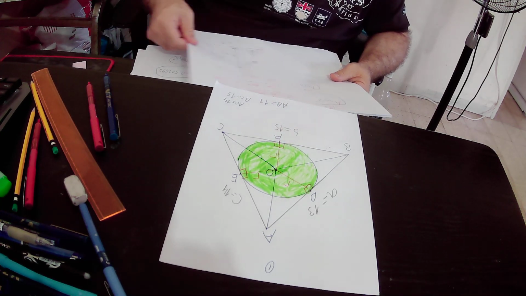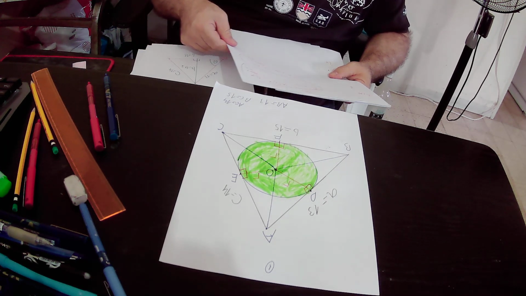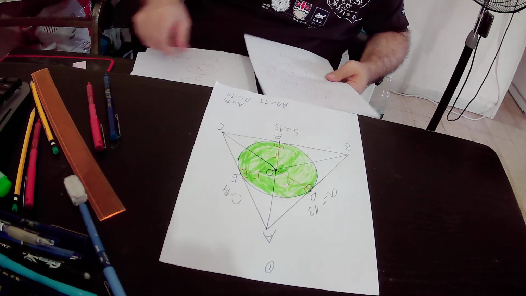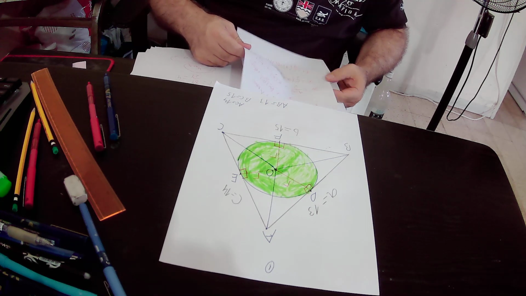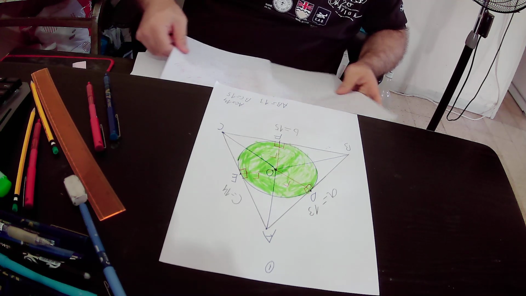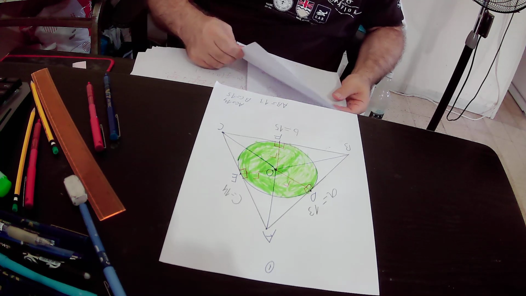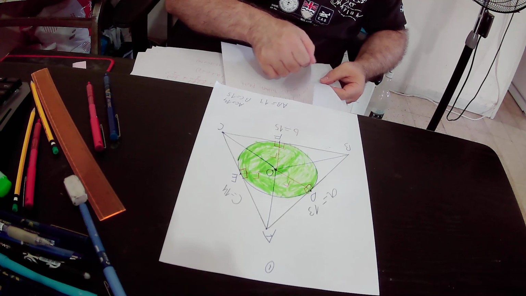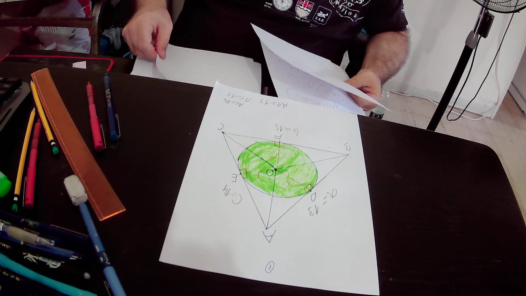Okay, so first of all, we have the definition of the semi-perimeter of a triangle. The semi-perimeter of a triangle equals the perimeter of the triangle, that is the sum of its sides, over 2.